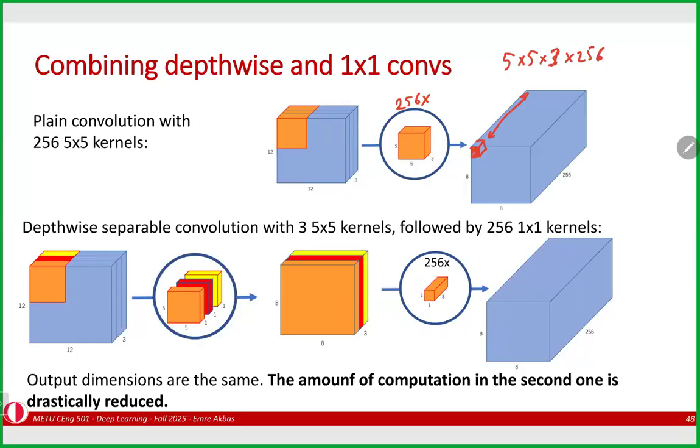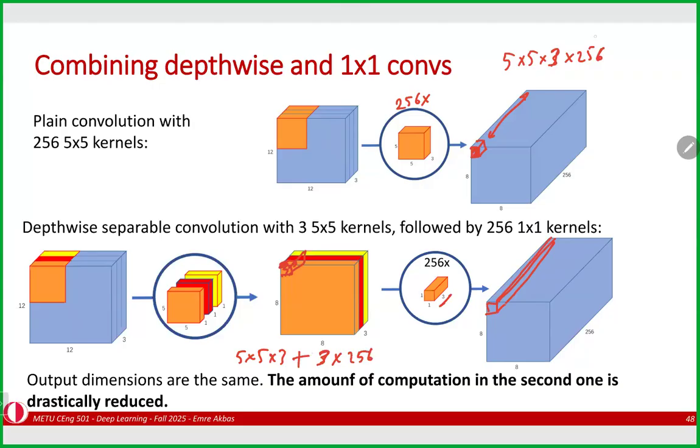For the lower part, to compute this, you again need 5 by 5 by 3 operations. And then after that, plus, we need to add, to compute this, we need the channel 3 times 256.